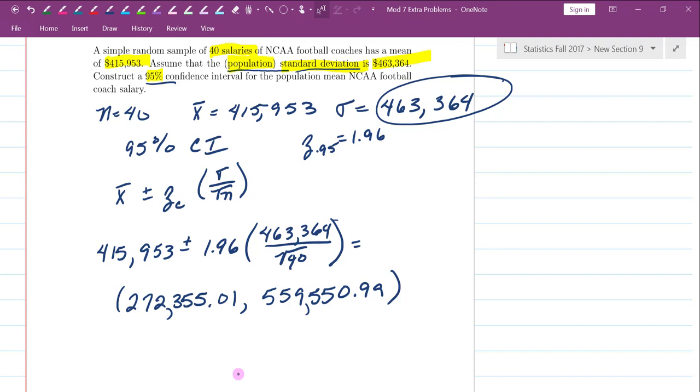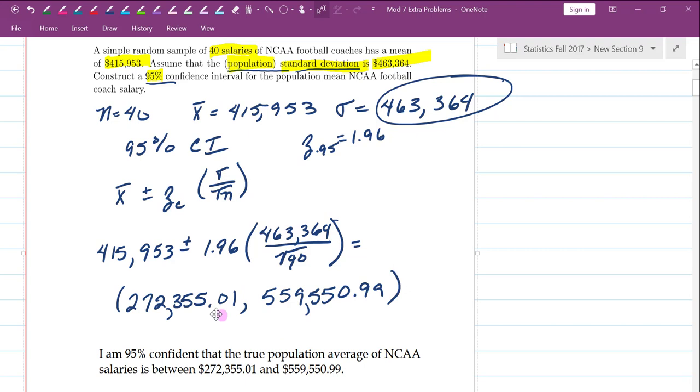I would round that up 1 penny and down 1 penny. Okay, so I paused the video for just a second to type up the interpretation. So pause the video if you need to copy it down.